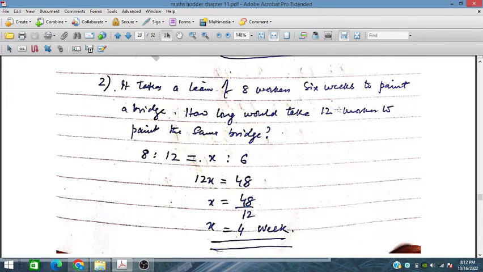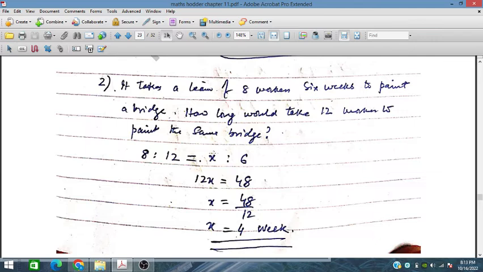So we need to have this 8 by 12, and now this time should reduce. So we will write down x here, because this multiplied by this will be the same, and this multiplied by this would be the same. So x by 12 is equal to x by 6.